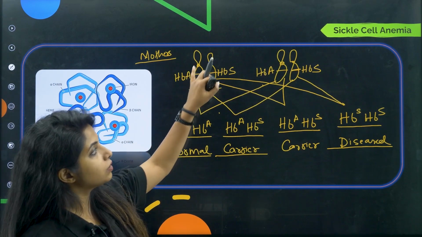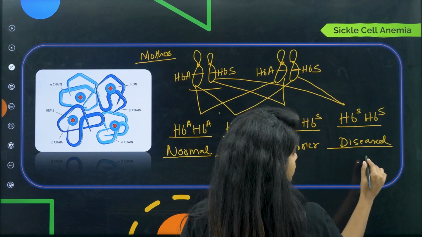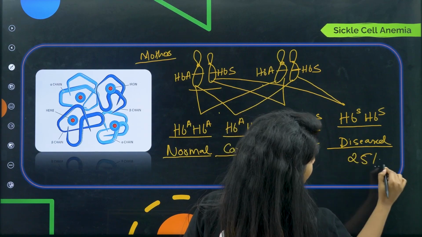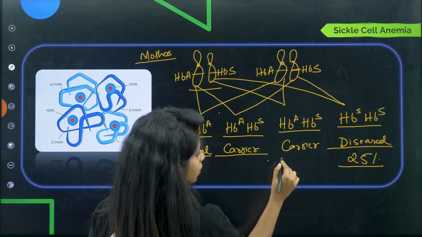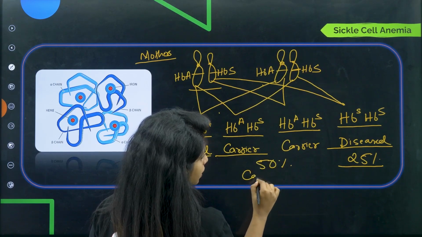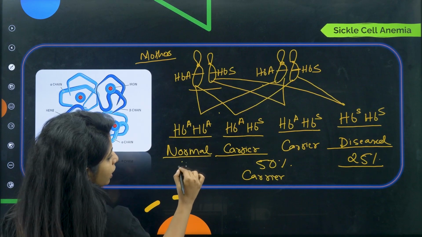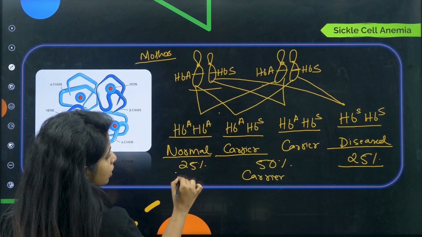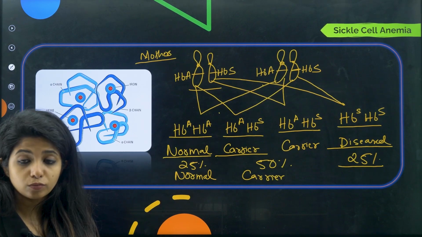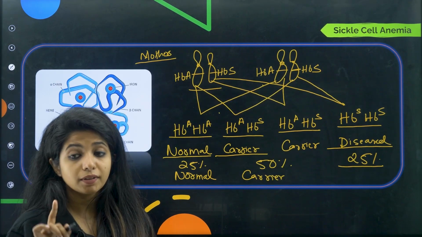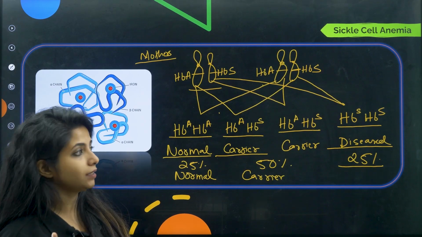So when father and mother both are heterozygous, there is a chance that 25% of the progenies will be diseased, 50% of the progenies will be carrier children, and again 25% will be what, children? Normal. It has nothing to do with the sex chromosome or the sex of the organism. That's why I'm telling you 10,000 times, please remember it. It's an autosomal disease.